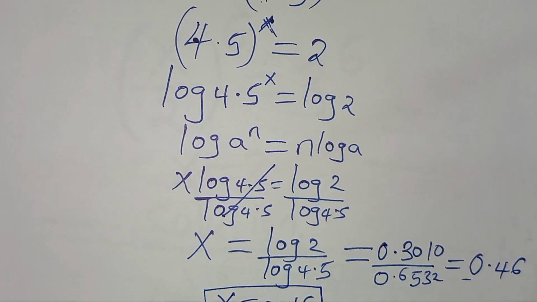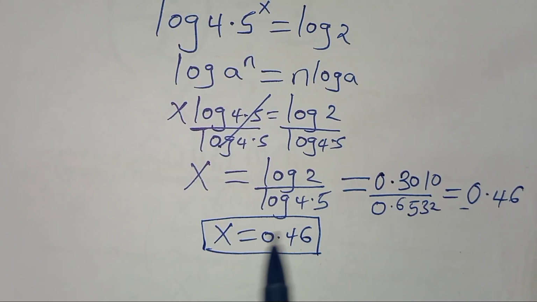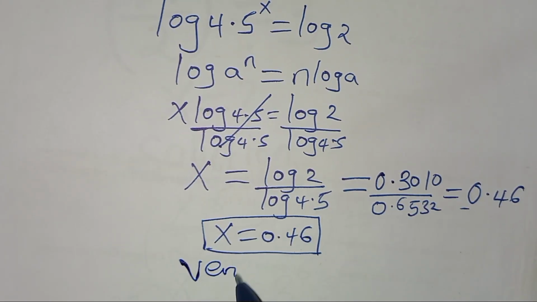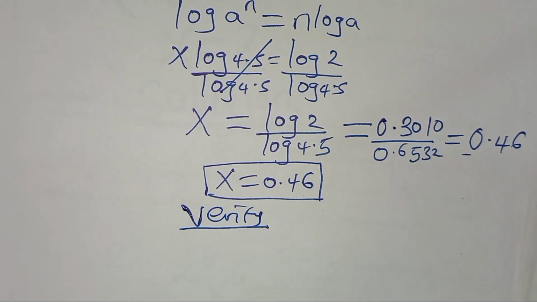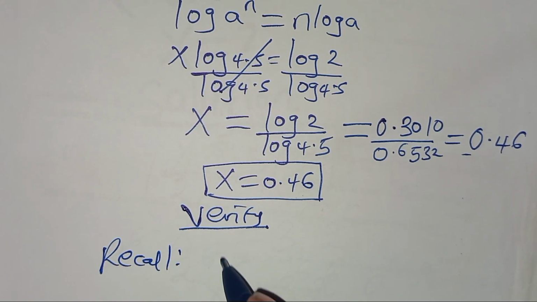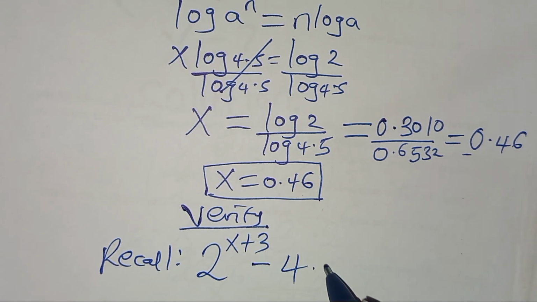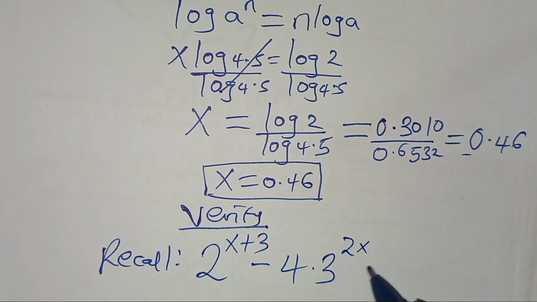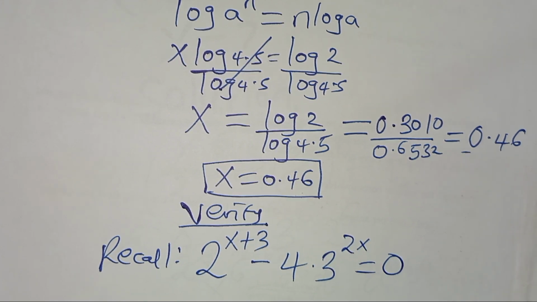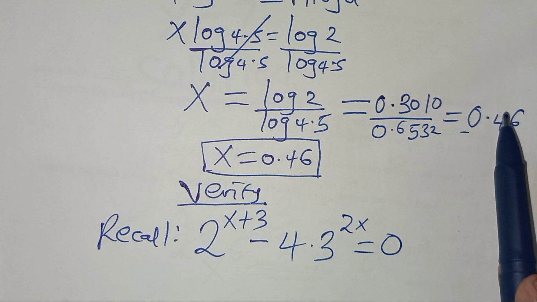So let's verify if this value of x actually satisfies the equation. If you recall, we have 2 to the power x plus 3, subtract 4 multiplied by 3 to the power 2x, which should give us a value of 0. So let's substitute the value of x here.